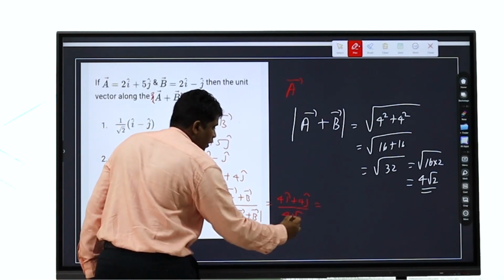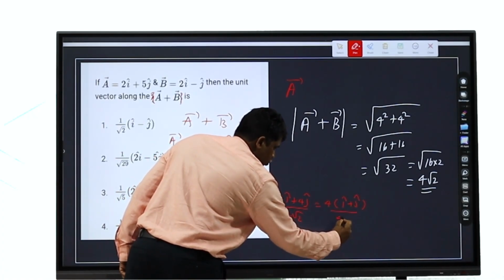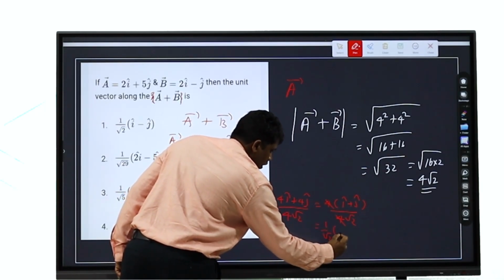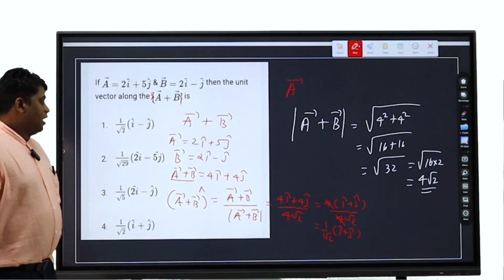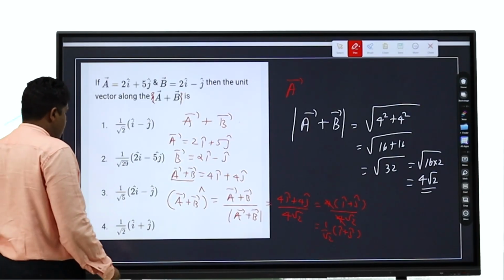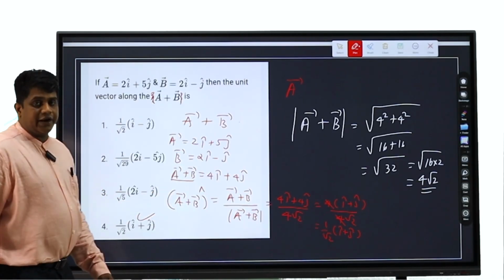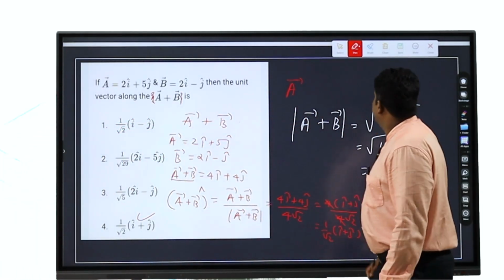Then take 4 outside, 4 into i plus j divided by 4 root 2. We can cancel 4, then 1 by root 2 into i plus j is the unit vector along the direction of A plus B. So the fourth option is correct. Okay, I think you got it.